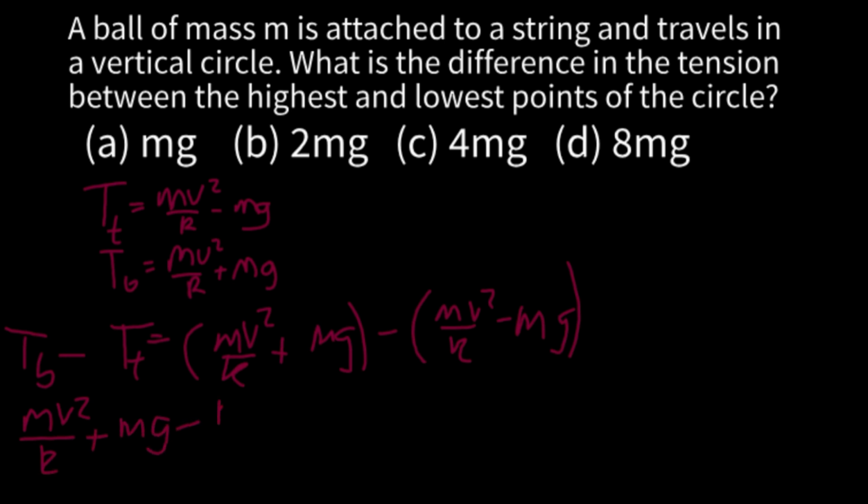Distribute our negative sign, we'll get negative mv squared over r plus mg. So those values cancel, and then mg plus mg gives 2mg, which is our choice B.